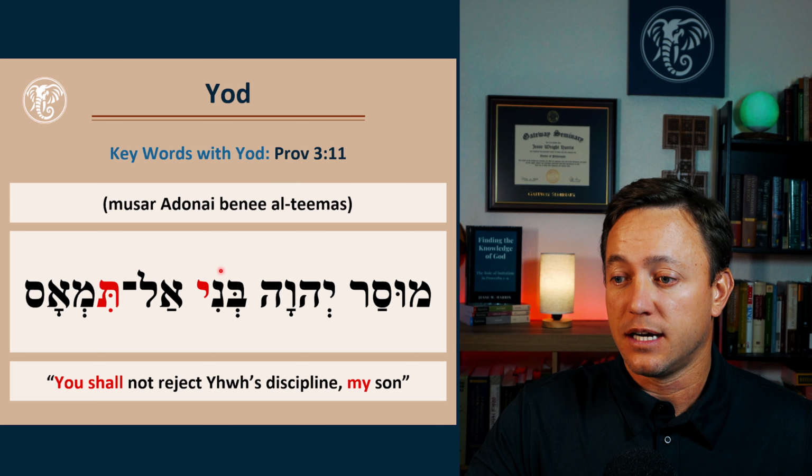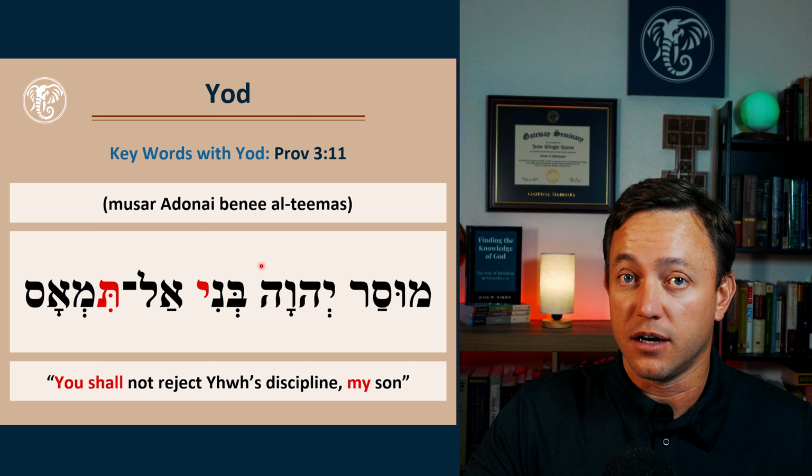But here he says, my son, the discipline or instruction of the Lord, al, do not, and then timas. And maas means to despise or to reject. And so the T, much like we saw with the ta on the end, means you. So this one means you will. So you will not, or you shall not, despise or reject the discipline or instruction of the Lord, my son.